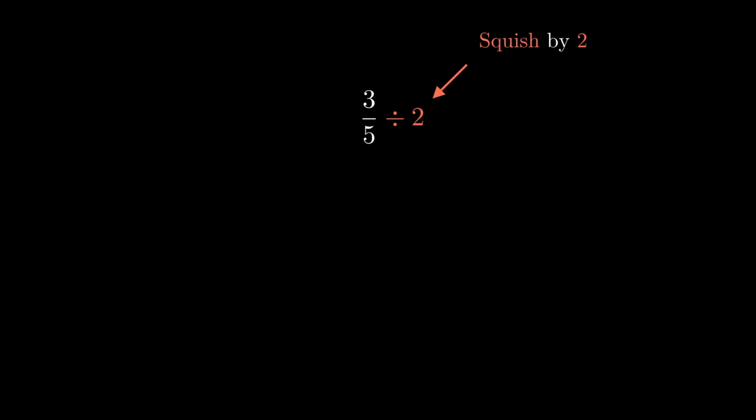And with 3/5, well, what's the squish number there? 5, I think, is the number doing a squish. And so actually, the answer here will be to take your 3/5, and then the 2 goes to join the 5 down the bottom. And so actually, it becomes 3 over 5 times 2, which is just going to be 3 over 10.